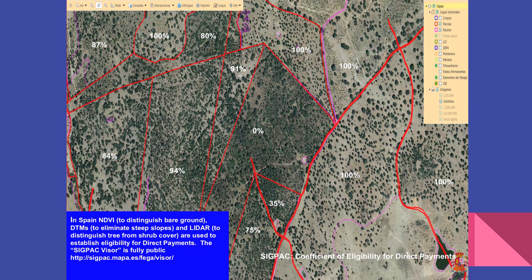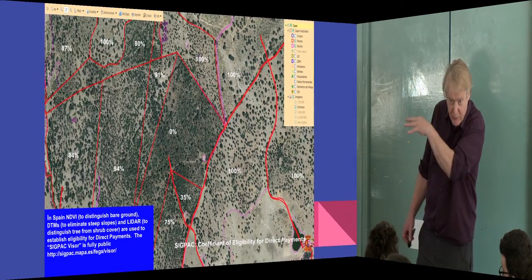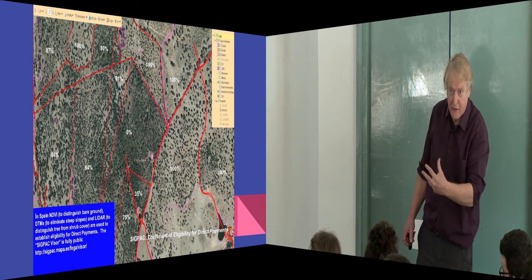And they're looking at LiDAR to look at the amount of trees, the biomass of the tree effectively that is growing. And they produced a national open database where every farmer can go and look at every single parcel and sub-parcel and see what percentage of the base payment, what percentage of that is deemed to be agriculture.